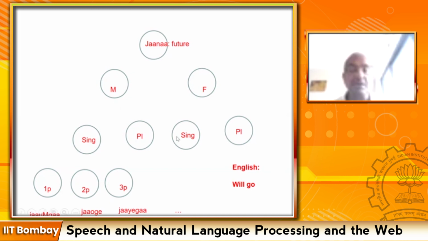You can, because you have seen jaunga and you could separate unga from jaunga. And unga is indicative of future tense, masculine gender, singular number, and first person. These are important features.